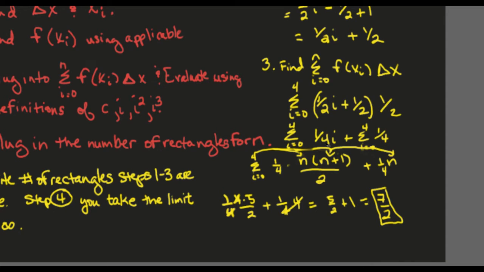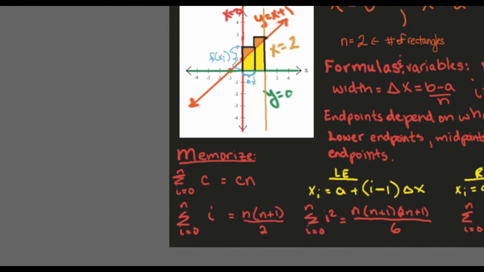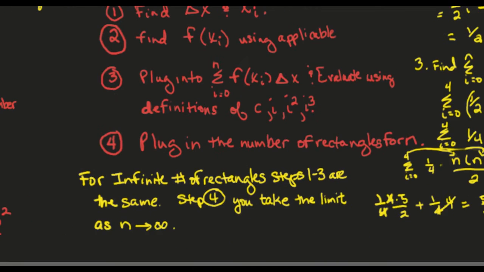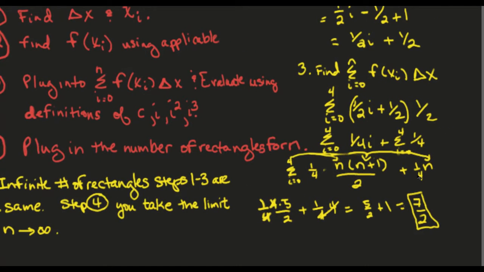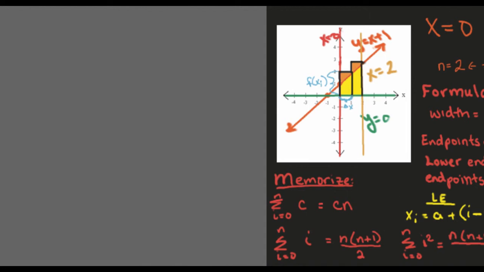In this case, we're going to replace this summation of i with the formula for it, which you should have memorized. If you don't, let me refresh your memory. There's the summation of i right there: n times n plus 1 over 2. And then the constant rule was just the constant times n. Same place over here, constant times n.